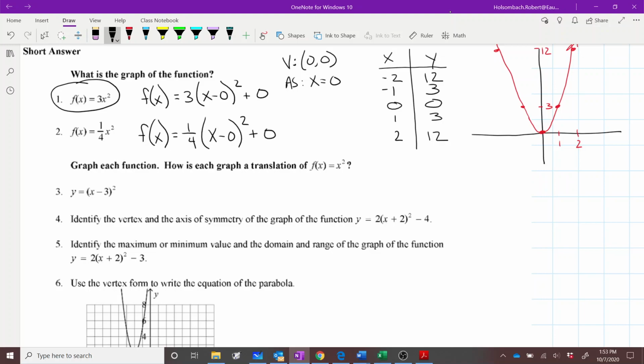This function here is the same as y equals 1 times x minus 3 squared plus 0. So the vertex of this function is at 3, 0.